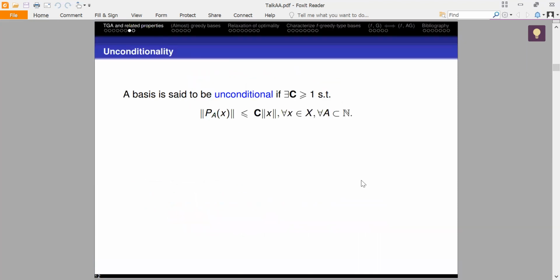Another property that we care about is unconditionality. This property says that for every x and for every set A, the projection... Sorry. Is there a filter-based structure on your greedy set? Is it true that the intersection is again in G_x^m?